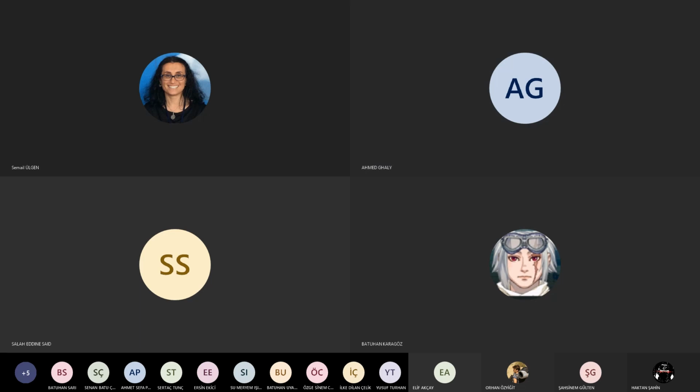Okay, I'm opening up the whiteboard. Okay, so I was saying that this is the first quadrant, second quadrant, third, and fourth.